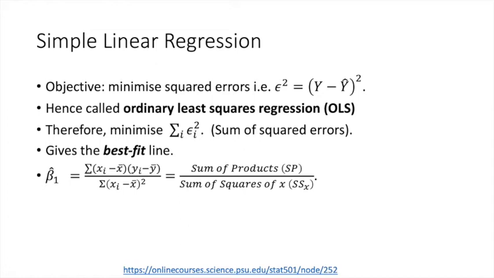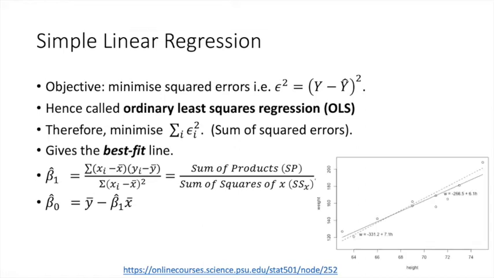X bar and y bar are the mean values of x and y. Once you have computed beta 1 hat, you can substitute it in this formula to compute beta naught hat. In reality, we do not need to do it by hand. We simply supply the data set to software like R and it can do it for us via built-in functions.